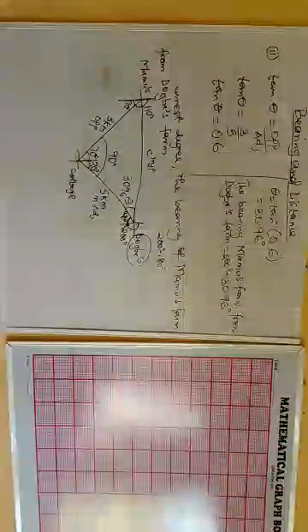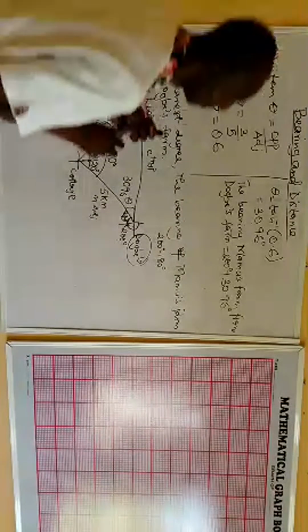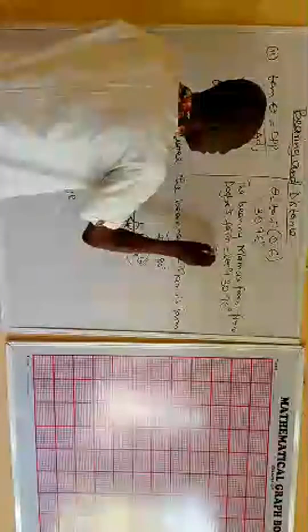Make sure you put your degree. If you don't put your degree anywhere in your question, we mark and take our answer back. But if you can see degree in one or two places, we give you your full mark. So what is 200 plus 30.96?